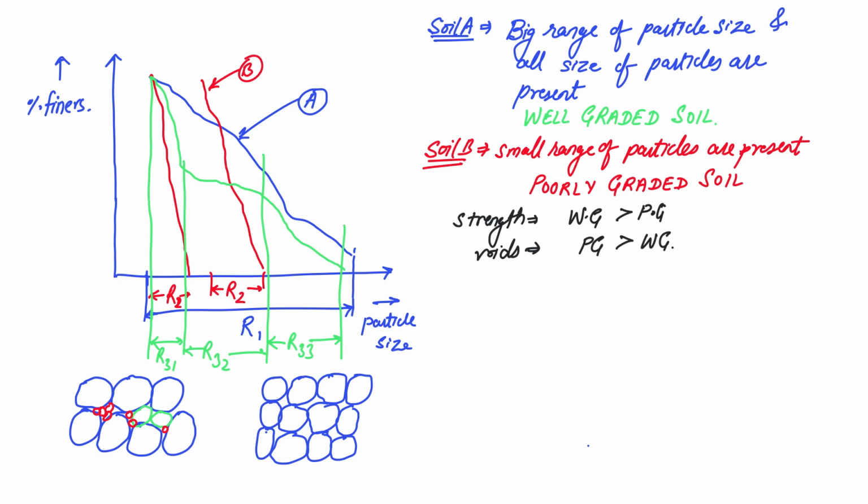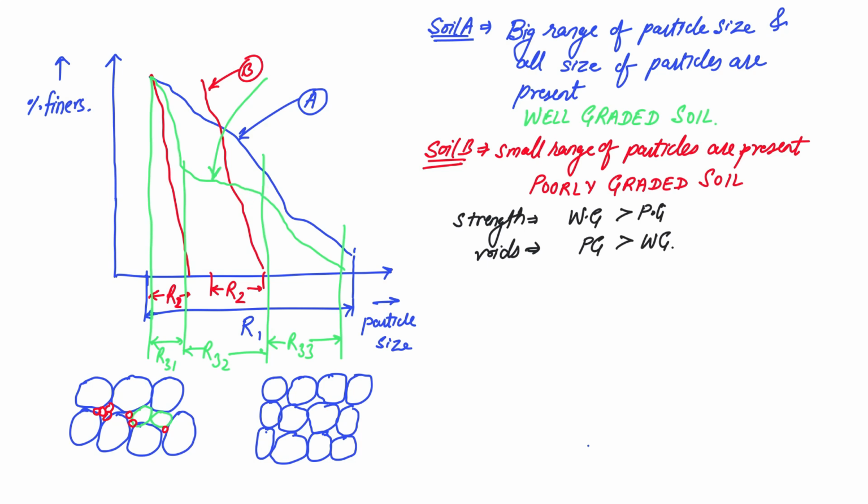In the second range, you can observe that the slope is almost 0. The graph is almost horizontal. And if the graph is horizontal in this range, the percentage finer is not changing. Yes or no? If the percentage finer is not changing, that means the percent of particles in this range is very less, or almost negligible particles are present in this range of size.